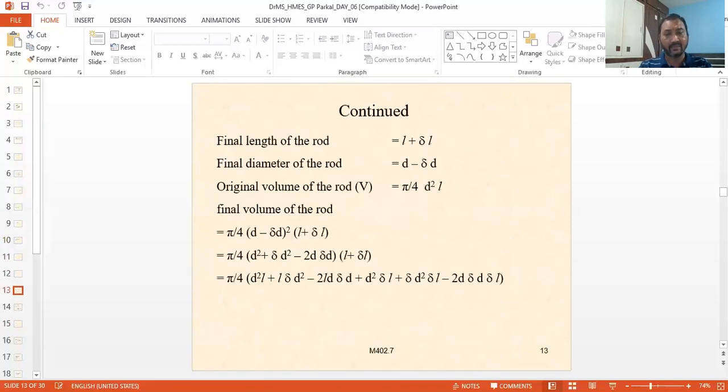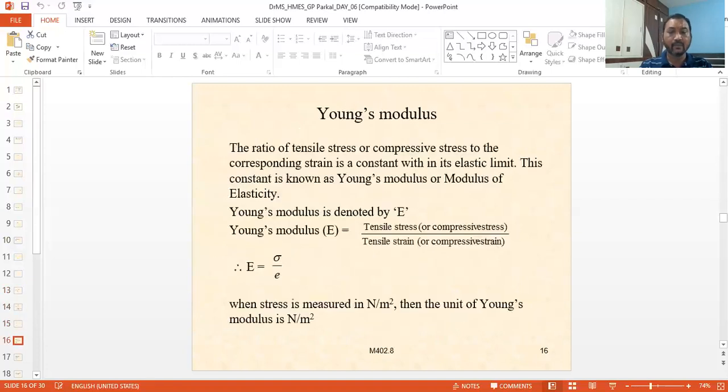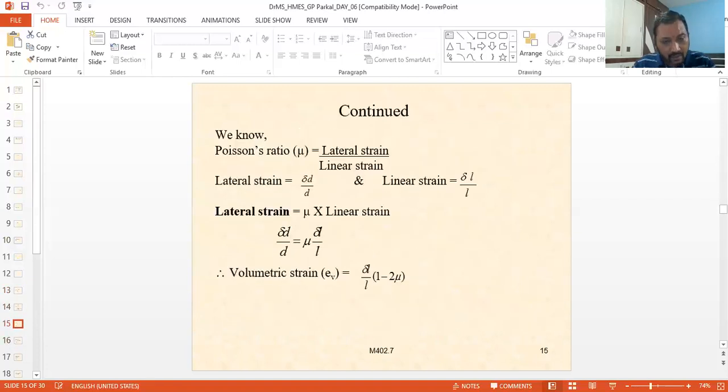Similarly, in case of the circular bar, the volumetric strain is the same, EV is equal to E into (1 minus 2 mu). Whatever the shape, whether rectangular or circular, we get the same equation, EV is equal to E into (1 minus 2 mu), where mu is the Poisson's ratio.